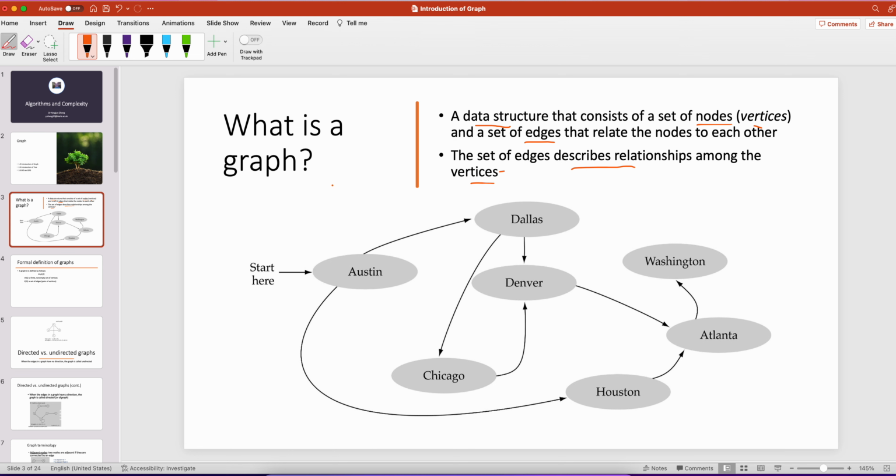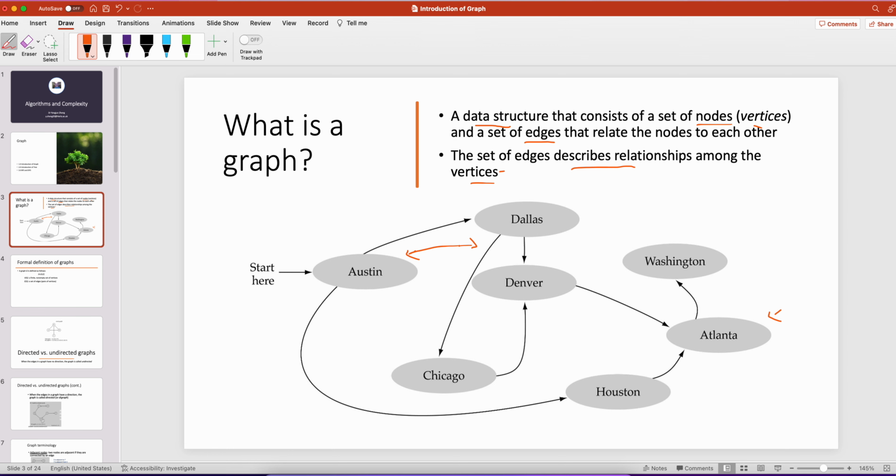For example, if we use Google Maps and want directions from Austin to Dallas, we want to find the shortest path. That is very simple because we can go straight from Austin to Dallas. But if the destination is Atlanta, what is the shortest path?